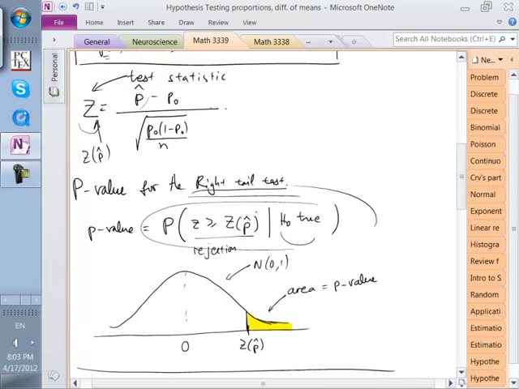You take the value of the statistic that you have calculated after you plug in p hat, and then you calculate using the assumption that H sub 0 is true. Since I take H sub 0 to be true, I will be using the curve of the standard normal distribution, because z has the standard normal distribution when H sub 0 is true.